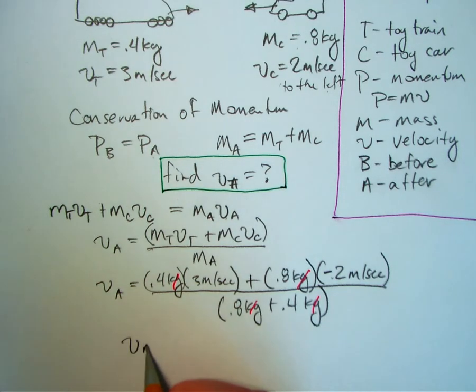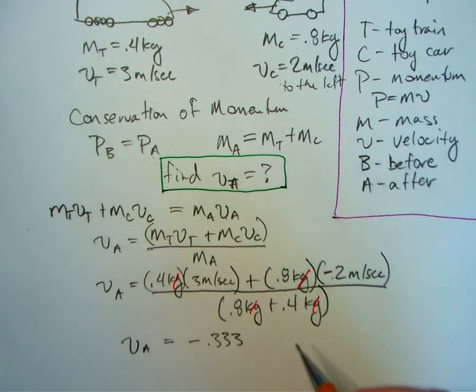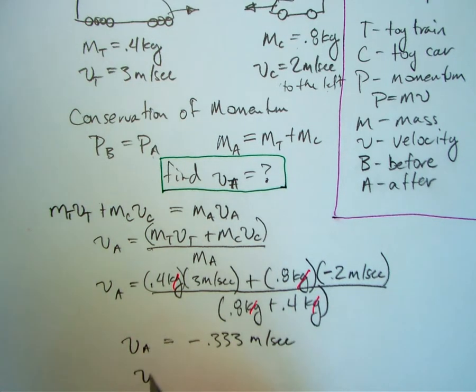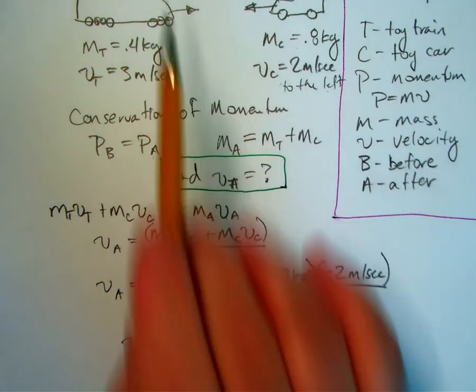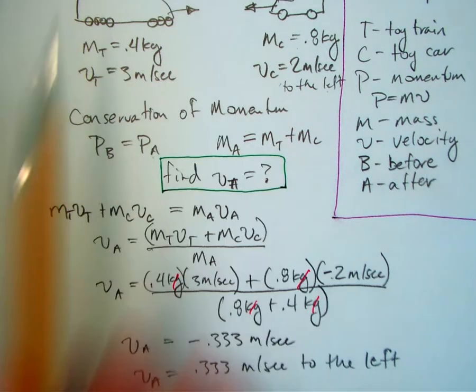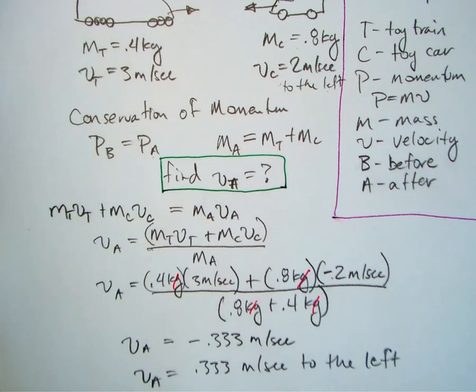When you do that, you will get an answer of minus 0.333, of course that's repeating, meters per second. What does that really mean? The velocity after is actually 0.333 meters per second to the left. And that makes sense because the mass of the car was more than the mass of the train by quite a bit, and that makes it sensible that it would work out that way.